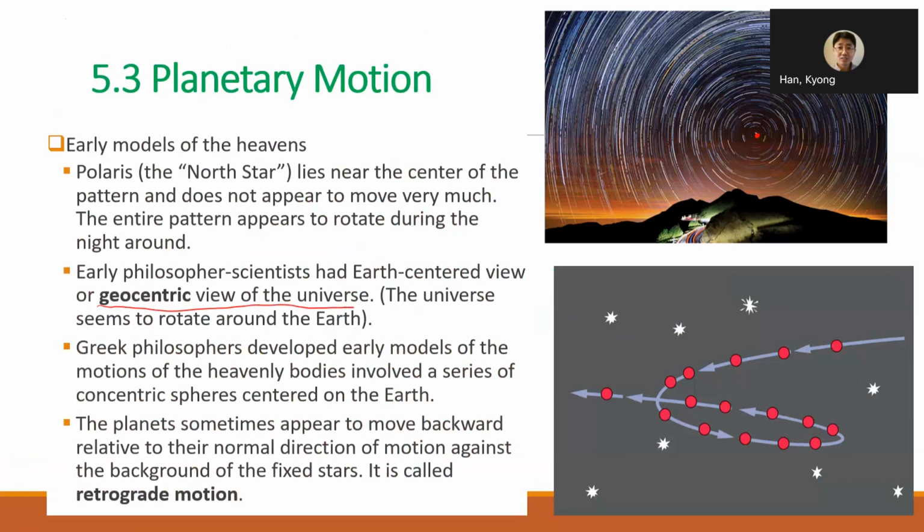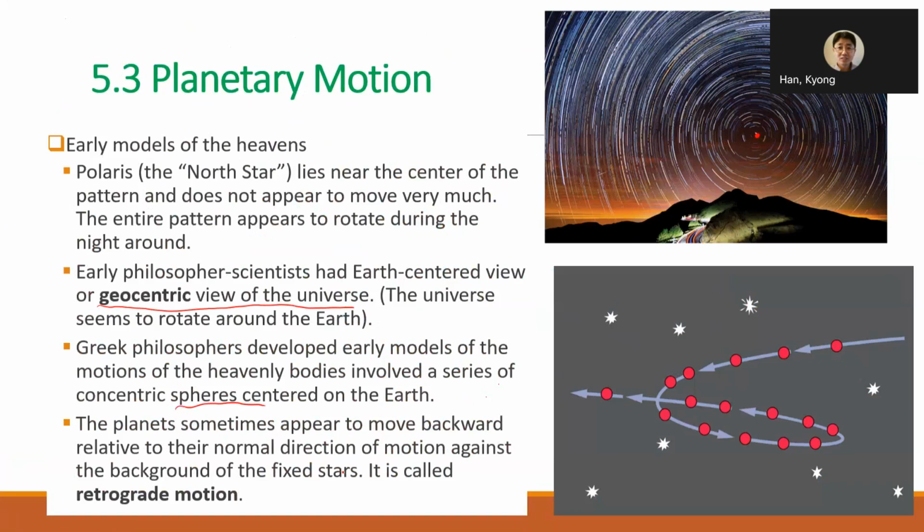That was eventually shown to be wrong. The Greek philosophers developed early models of the motion of the heavenly bodies involving a series of concentric spheres centered on the Earth. Here is Earth, and all the others move around the Earth.